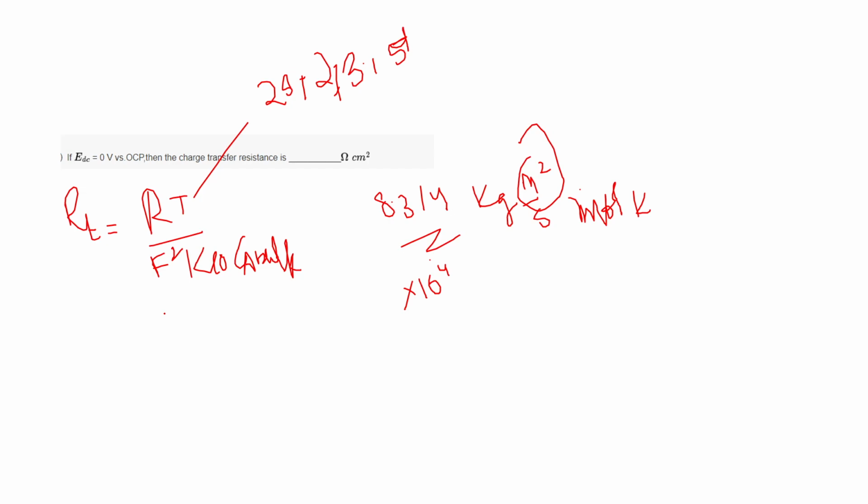F is 96,485. K minus 1 0 value is already given as 0.01, and CA bulk value is nothing but 10 to the power minus 4.